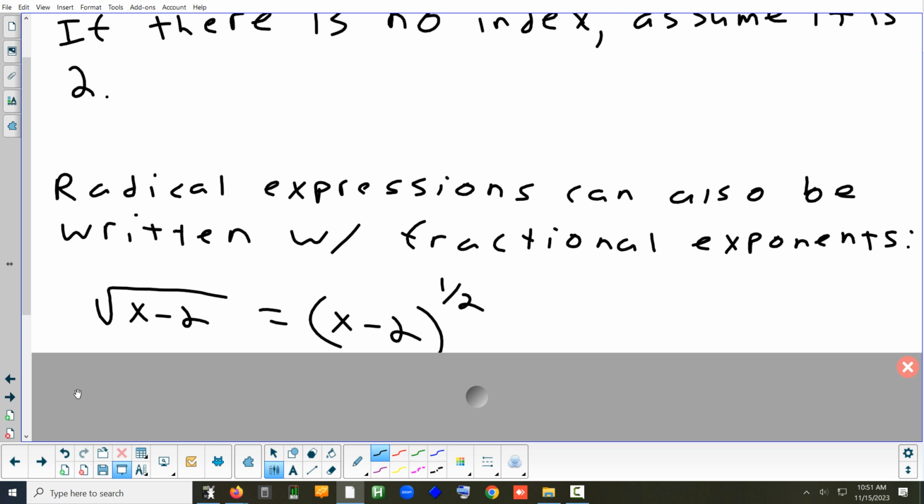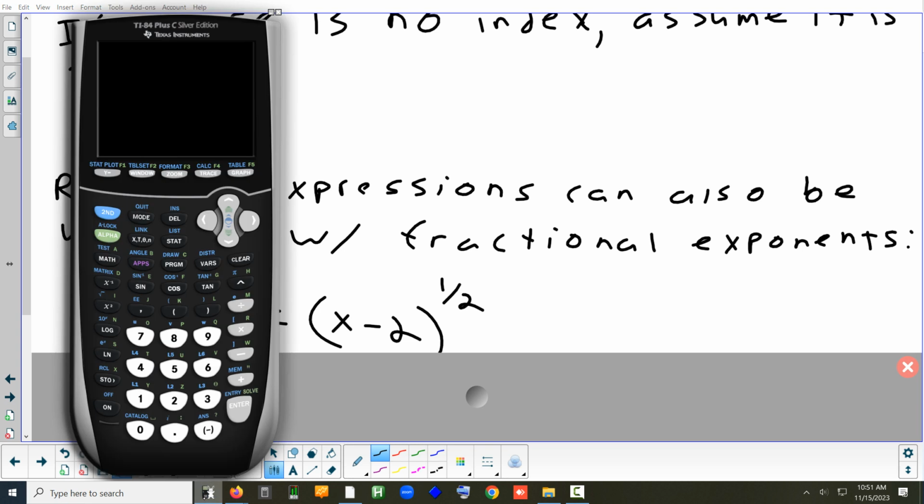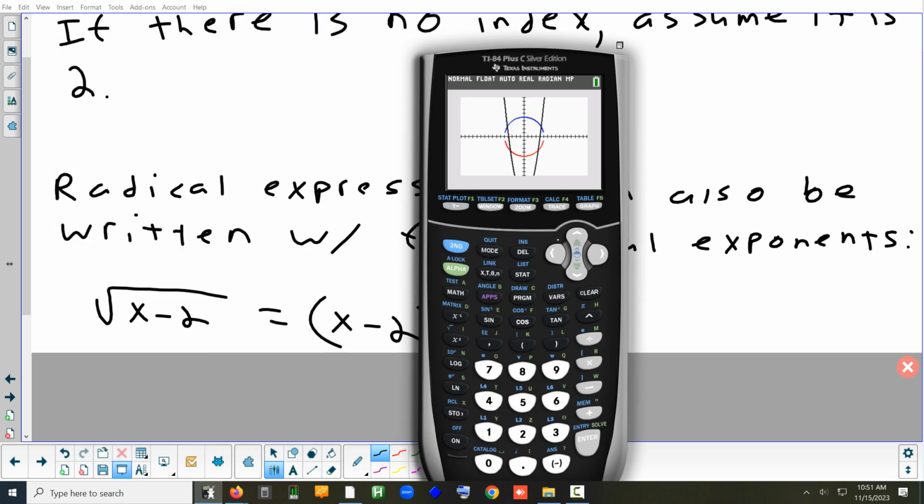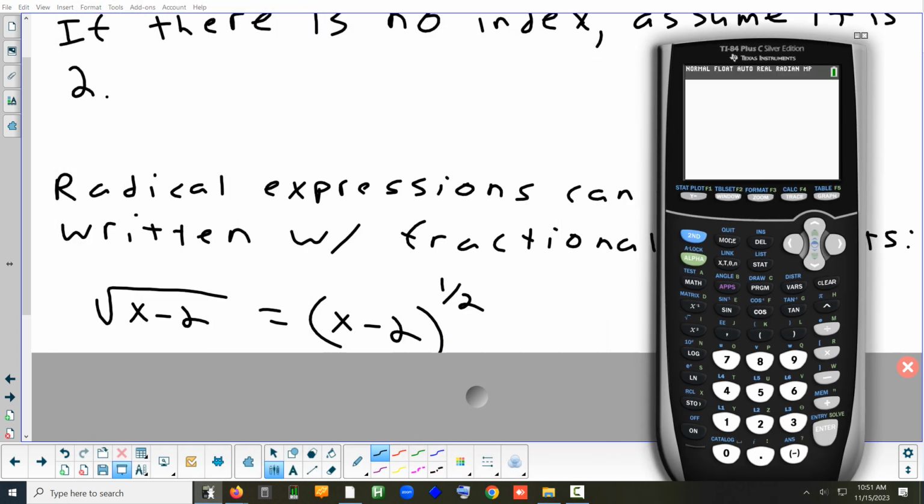If you raise something to the 1/2 power, that's the same thing as taking a square root. Let's try with an example. If we take the square root of 16, what should I get? 4. If I take 16 and raise it to the 1/2 power, I get 4. So raising something to the 1/2 power is the same as a square root.